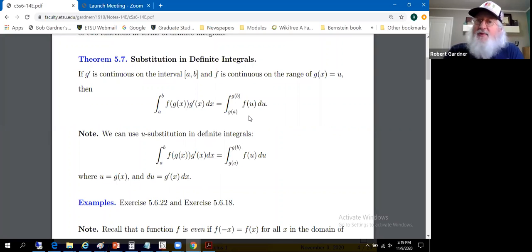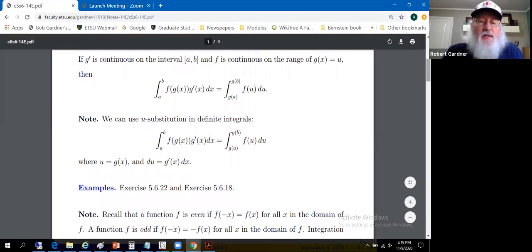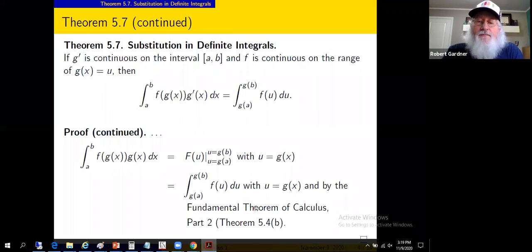Notice, as we've seen in U substitution before, this doesn't evaluate the integral, it simply changes the form of the integral. It makes it more elementary. And if you're lucky, you can find an antiderivative of this f function. We dealt with it symbolically in the proof. Computationally, you'll have to find antiderivatives. So let's look at a couple of examples.